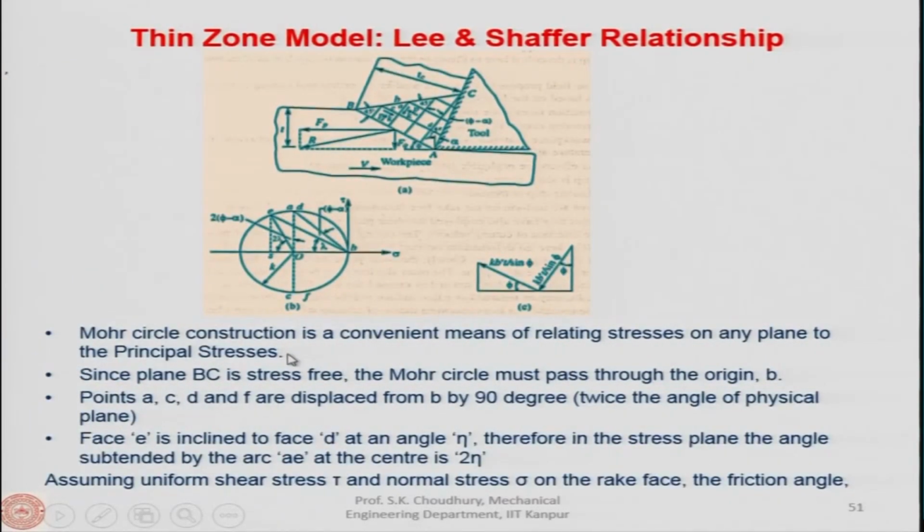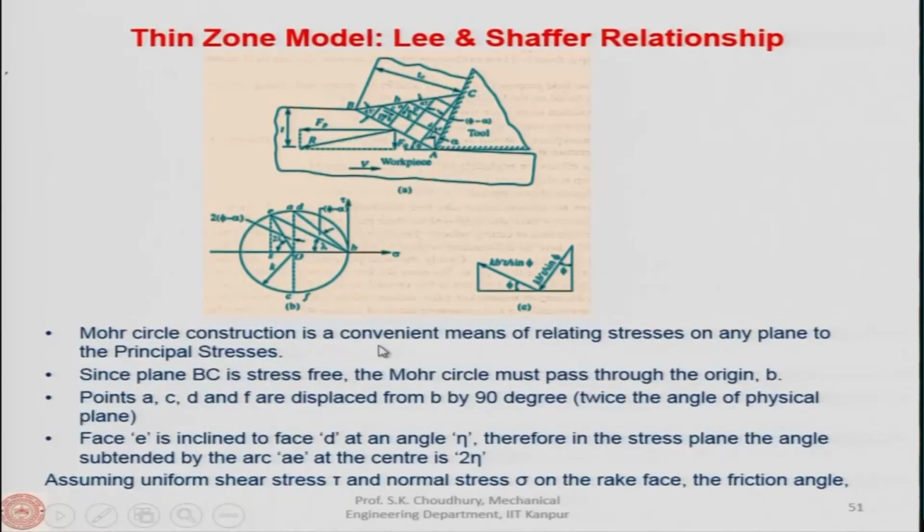draw the Mohr circle, the construction is a convenient means of relating the stresses on any plane to the principal stress. If you remember, during the discussion on stress and strain, we said that a unit cube body can be found which is already stressed, and there are 9 stresses, 3 normal stresses and 6 shear stresses.